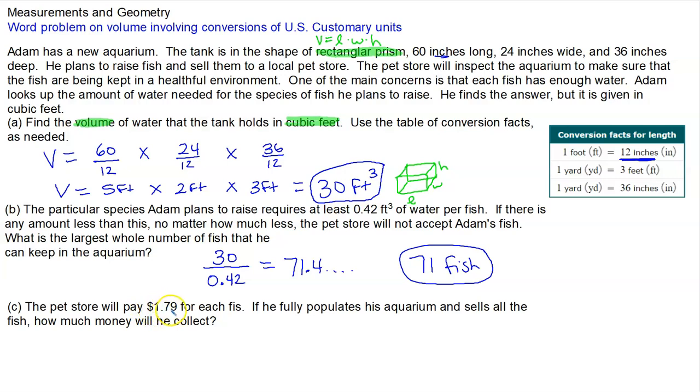Part C. The pet store will pay $1.79 for each fish. If he fully populates his aquarium and sells all of the fish, how much money will he collect? We figured out that this aquarium can safely fit 71 fish.